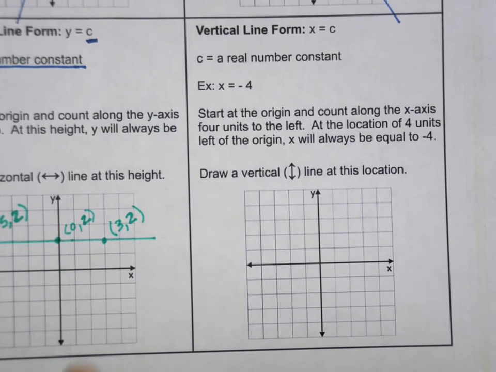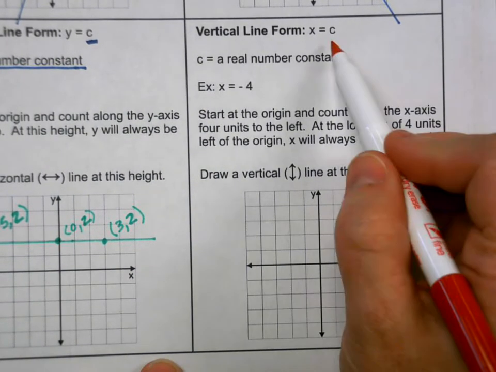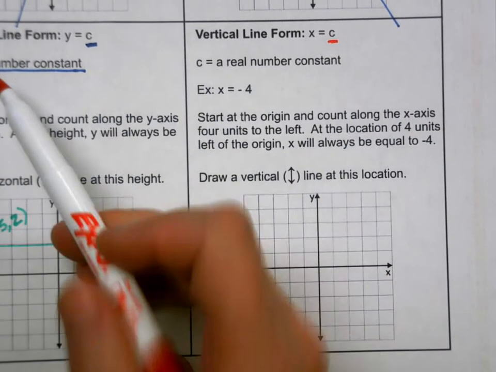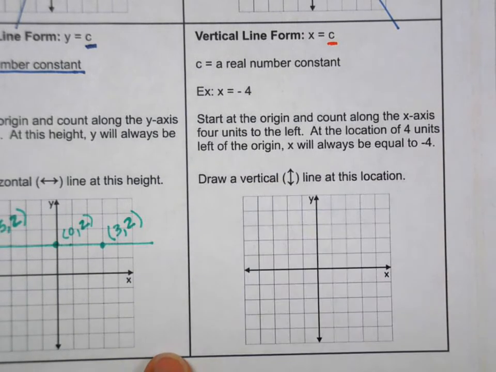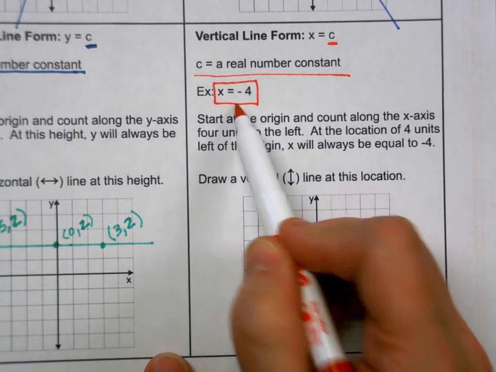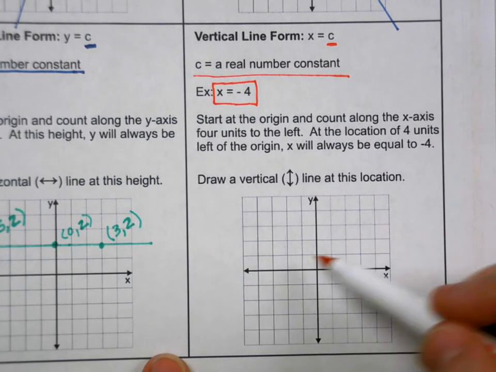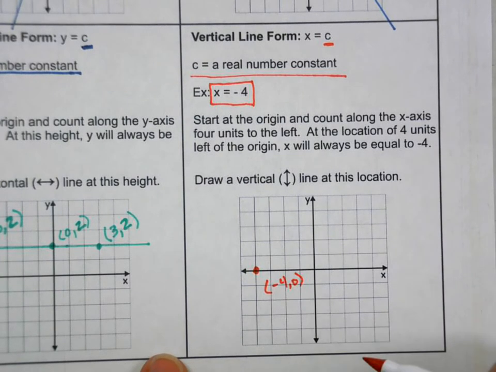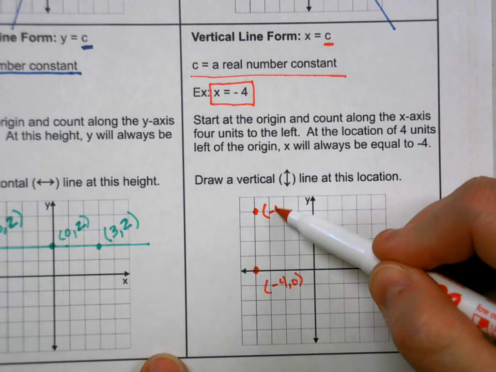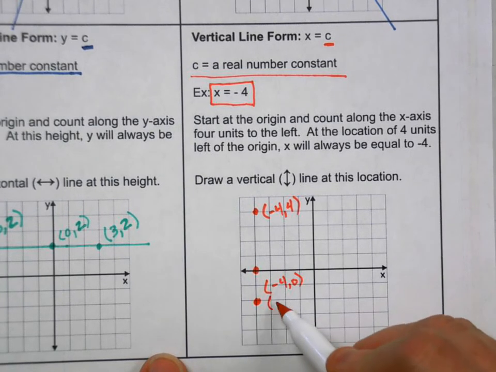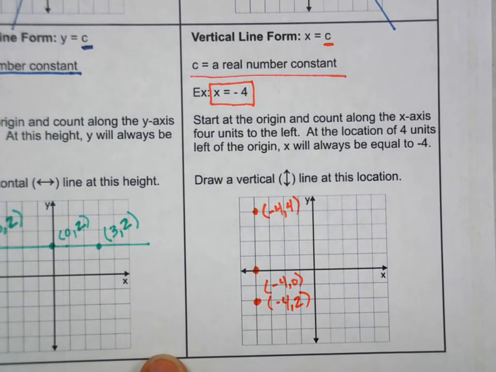So a vertical line is the other direction. It's x equals c. Your y equals is going to be a horizontal line. Your x equals is going to be your vertical line, for the same reason. When x equals negative 4, it's not only at this point, (-4, 0), but it's also up here at (-4, 4), and down here at (-4, 2).